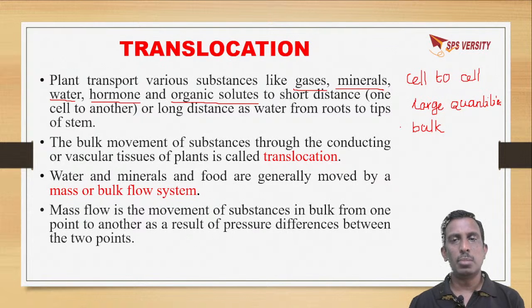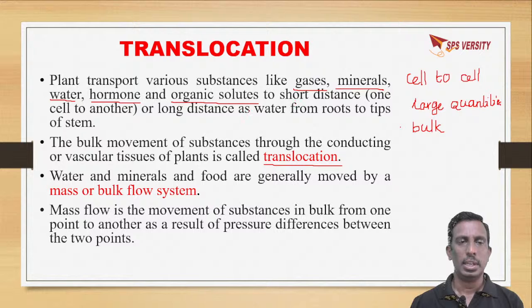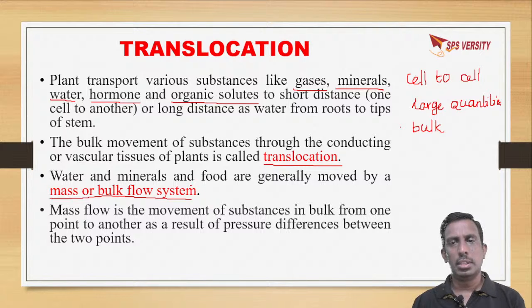This bulk movement of substances through xylem and phloem is called translocation. As large quantities move, it is also called the mass or bulk flow system. Okay. Here substances are moving from one point to another in large quantities.